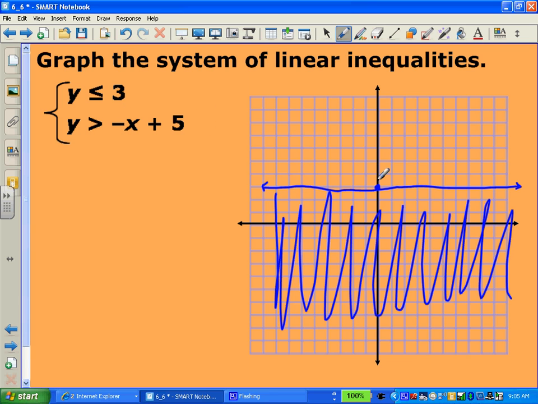Okay, and then my second line I have start at 5, slope of negative 1. So it's going to be a dashed line coming down.